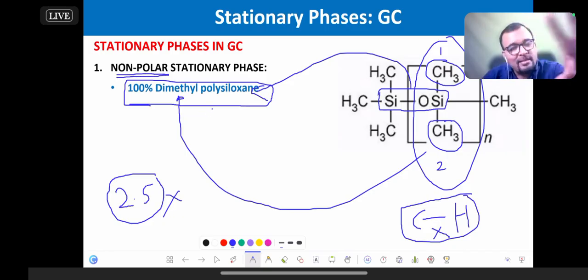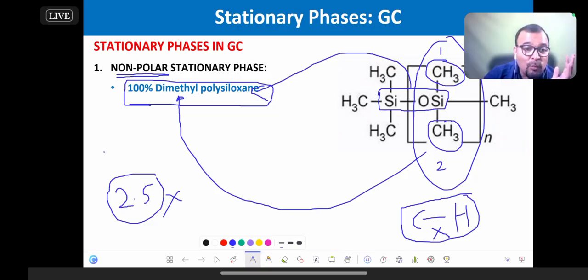You can search once the webinar gets over, what is the electronegativity value of silicon, carbon, hydrogen, oxygen, and many other items, right? If the electronegativity difference is more than 2.5, then that bond is going to get polarized.